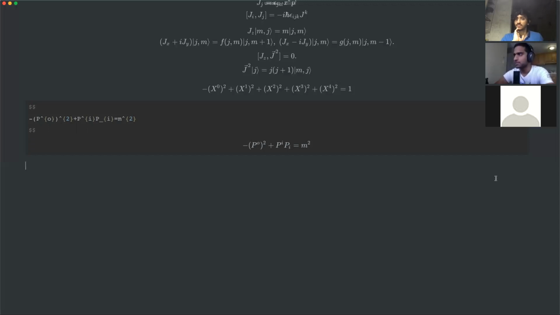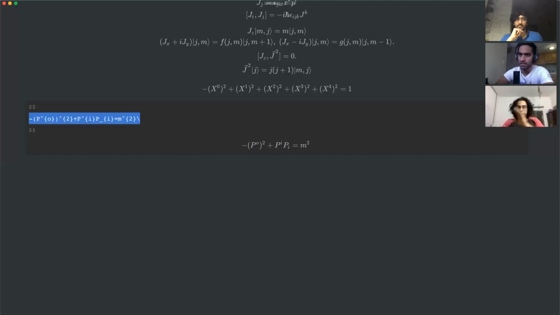So that's why the de Sitter group is the one higher dimensional Lorentz group, which means that in 4 dimensions, it's going to be SO(4). That's the de Sitter group.